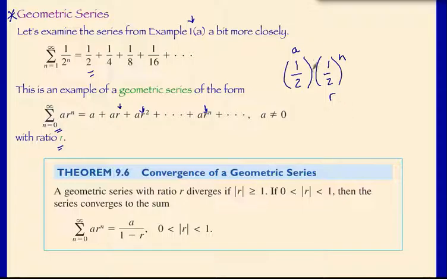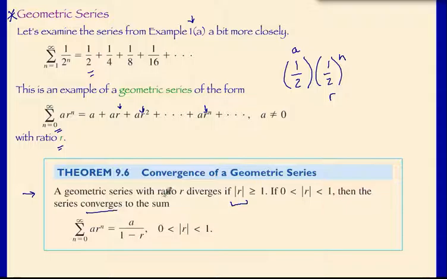The reason why it's important to identify A and R is because look at this theorem. A geometric series with ratio R diverges if the absolute value of that ratio is greater than or equal to 1. However, if the absolute value of that ratio, so this could be a positive or negative 1/2, is between 0 and 1, then the series converges.